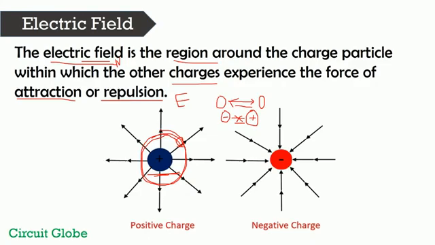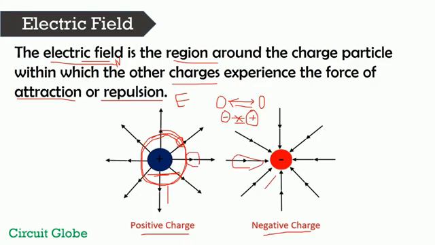Okay, now let's talk about the direction. Here you can see that this is the positive charge particle and this is the negative charge particle. Okay, the field of the positive charge particle are going in the outward direction, while the field of the negative charge particle move in the inward direction. Why this happen? Why the direction of field are different for positive and negative charges?